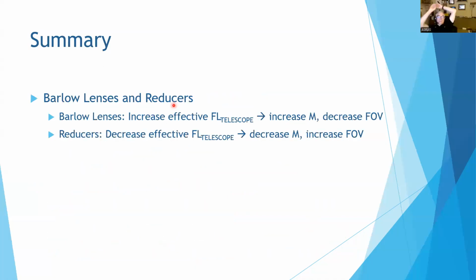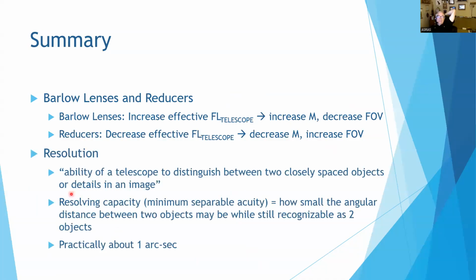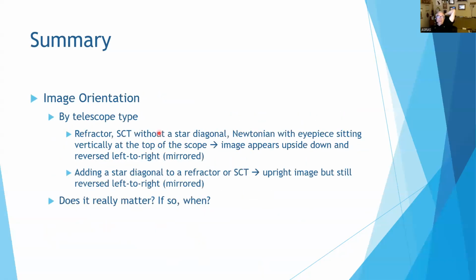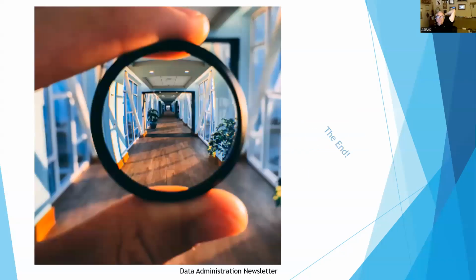Barlow lenses and reducers increase the effective focal length or decrease the effective focal length, thereby increasing or decreasing magnification and doing the opposite to field of view. Talked about resolution, which is practically as good as you can get, about 1 arc second. And finally, we talked about exit pupil and eye relief and image orientation. And that brings me to an end.